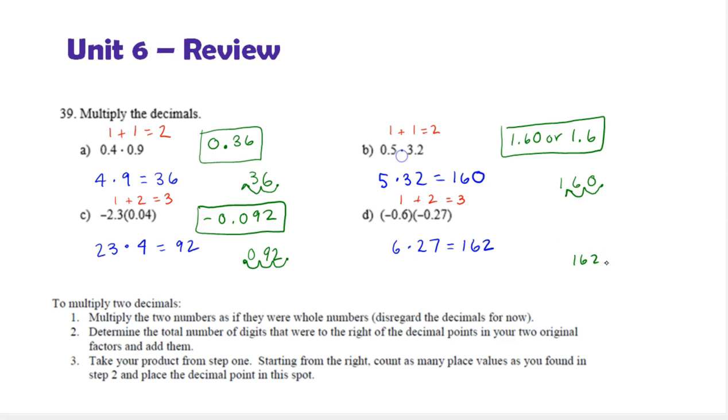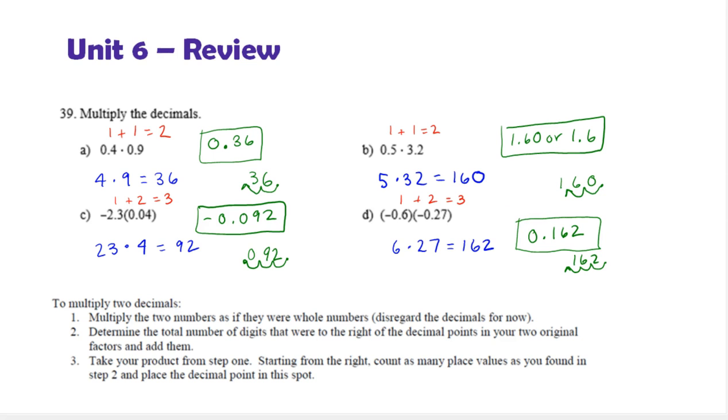So starting all the way to the right, moving 1, 2, 3 places means the decimal point is to the left of the 1. So 0.162. Notice our 2 original factors were both negative, but a negative times a negative is positive, so this is our end result.